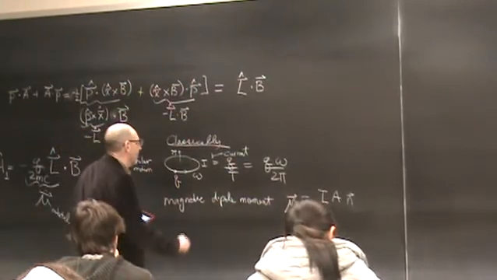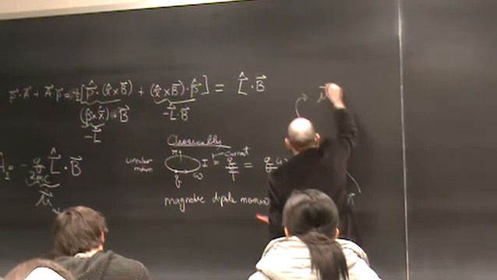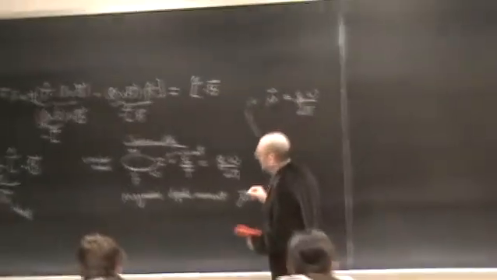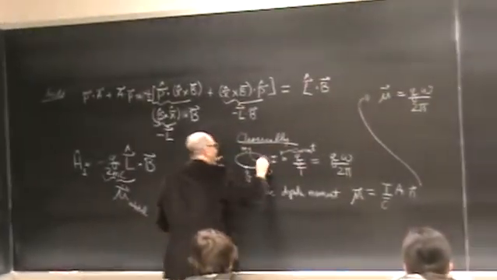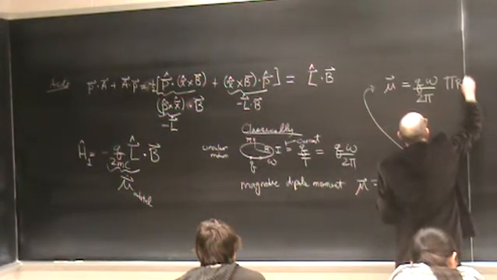All right, so now let's plug all of that in. The current here is q omega over 2 pi. The area of the loop, let's say it has a radius r, is pi r squared.